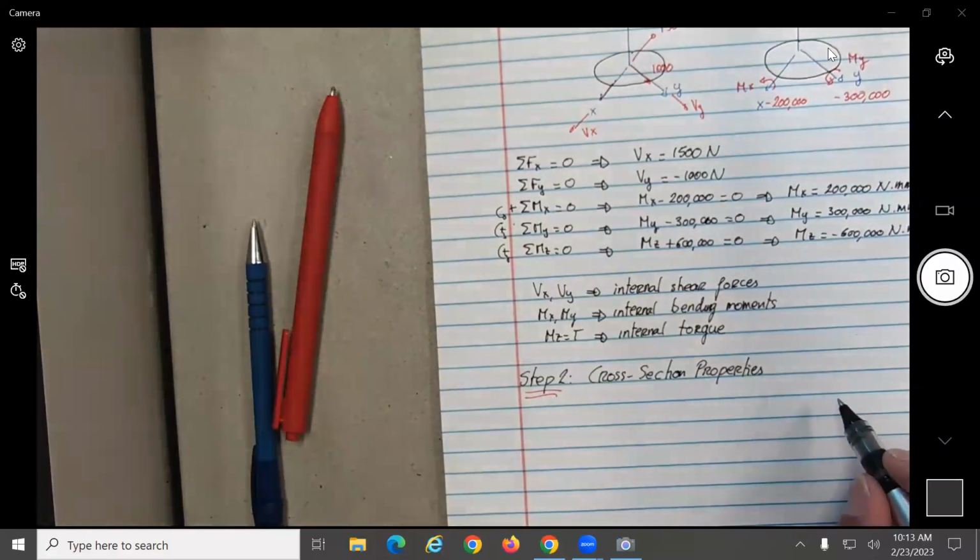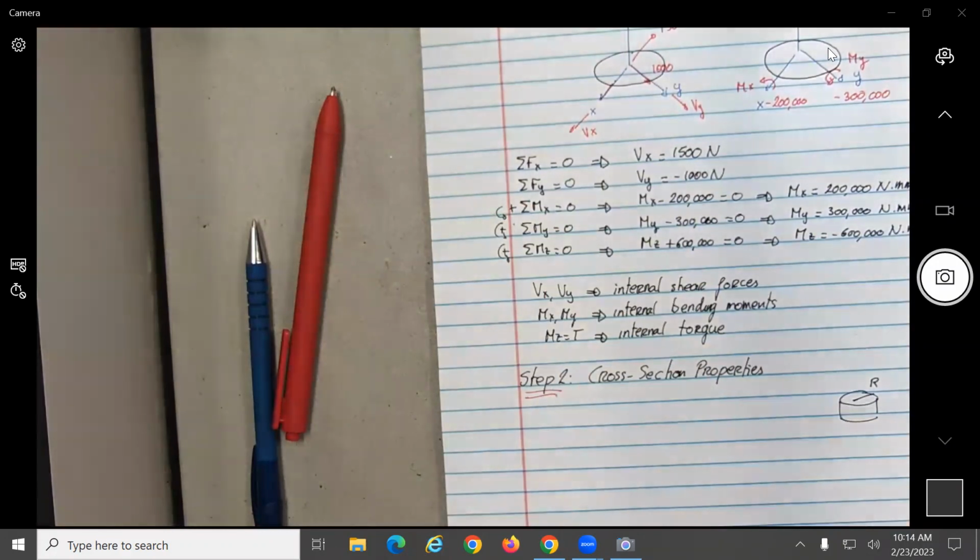In this case, it's pretty easy because we have a circular cross-section at the cut. I don't know all the properties here, so you might need to help me. So it's circular with radius r.